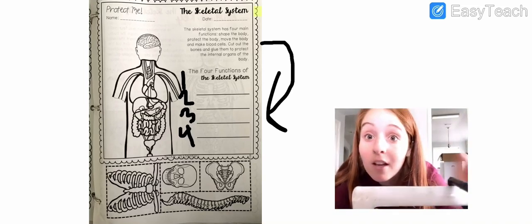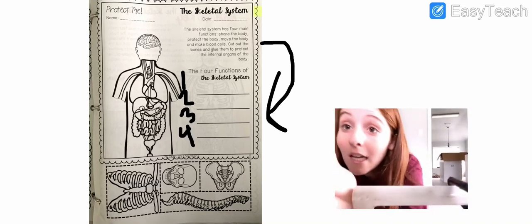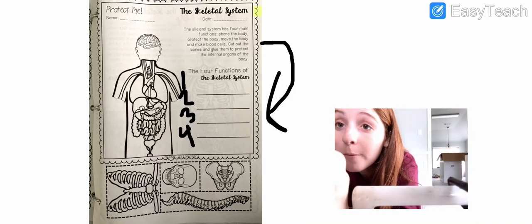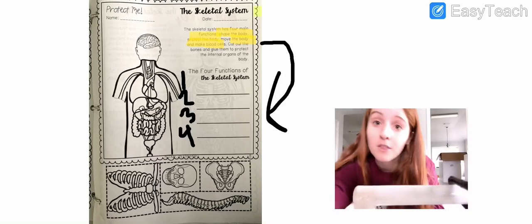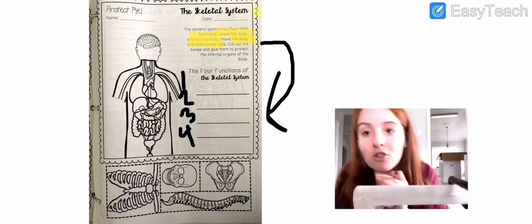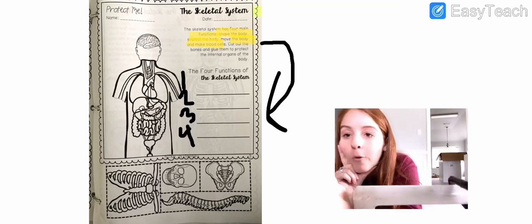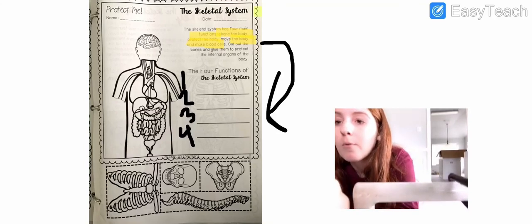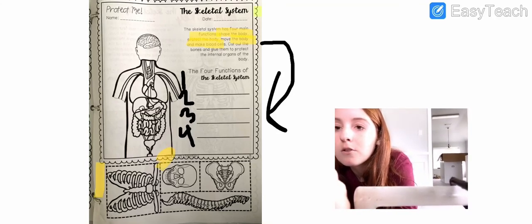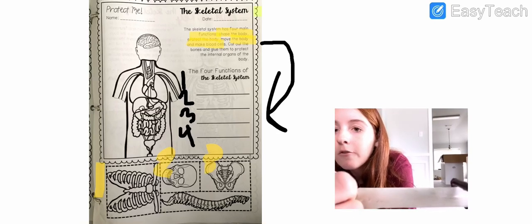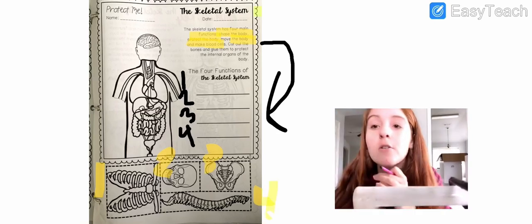It gave you something to read, and then it's right there. So these are the 4 main functions, and you're going to write them down in each of those blanks. Then on the bottom, it has 4 different sets of bones. So we've got 1, 2, 3, 4.